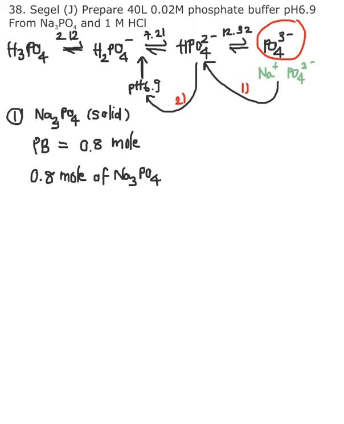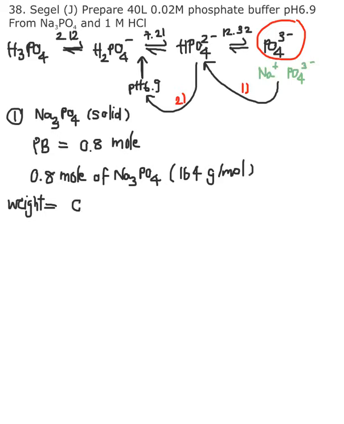If you want to make a phosphate buffer of 0.8 moles, you also need 0.8 mole of sodium phosphate. To calculate the weight of the sodium phosphate, you need to know its molecular weight, which equals 164 grams per mole. You have to calculate the weight because it's the only thing that you can measure to put the sodium phosphate into the beaker.